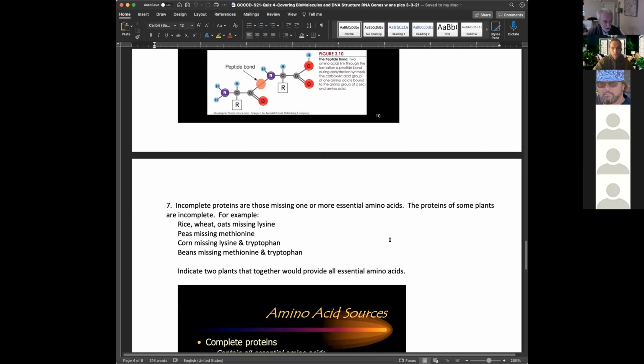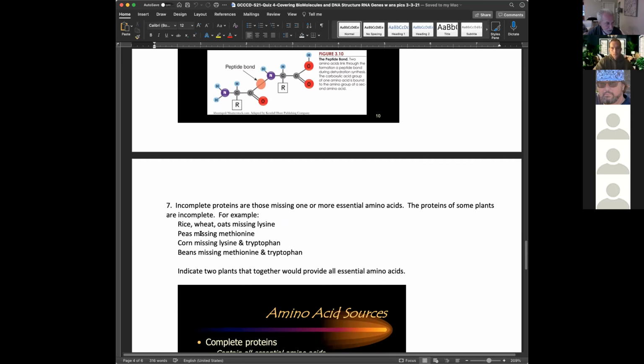Incomplete proteins are those missing 1 or more essential amino acids. Proteins of some plants are incomplete. And I've listed a bunch of plants and what they're missing. The question asks to indicate 2 plants which together would provide all the essential amino acids.